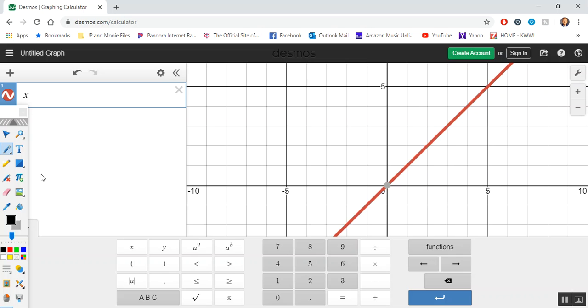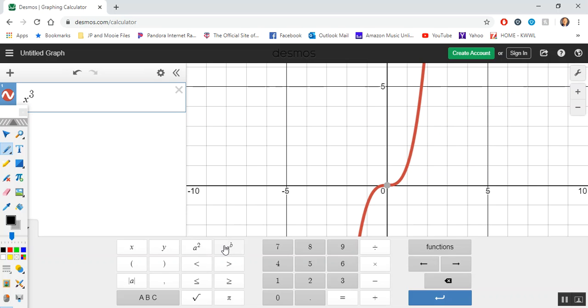X to the third plus x plus 2. Does it even go through the origin? It doesn't even pass through the origin. Therefore, is it going to be symmetric about the origin? No, so that didn't work, did it? Therefore, this function is neither odd nor even.